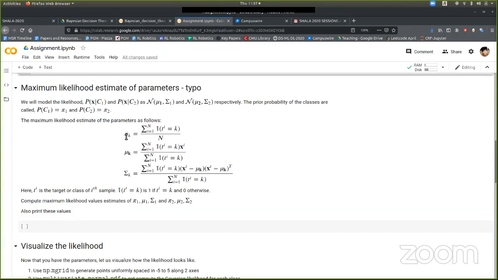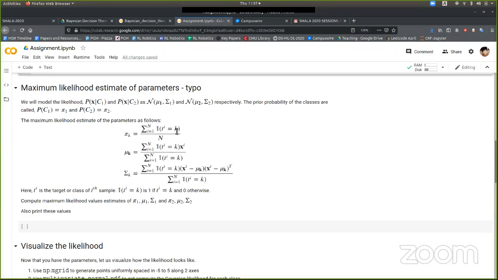So you have to estimate these three parameters using the formulas given on the right hand side. The first thing to notice is that we are using this indicator function, which applies whenever the target of the ith data point is k.